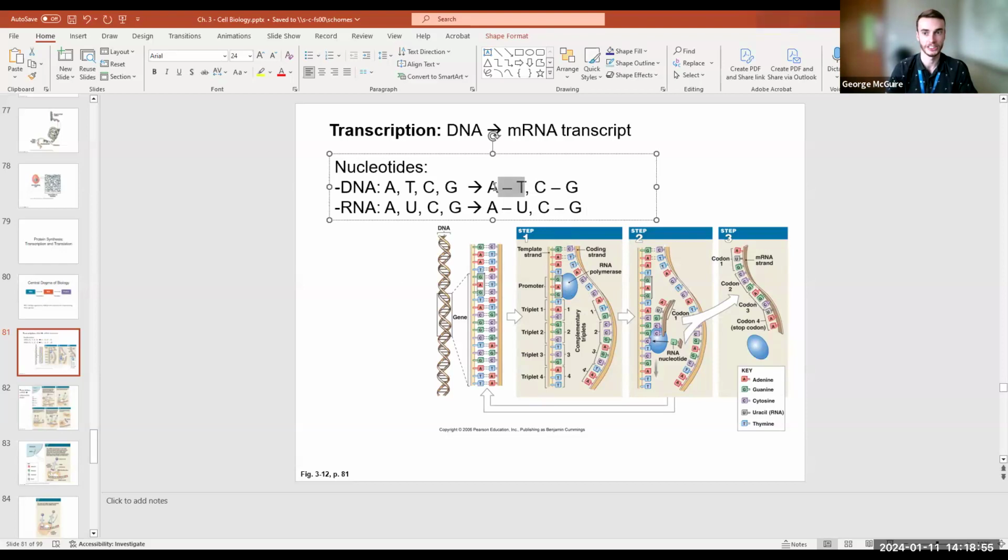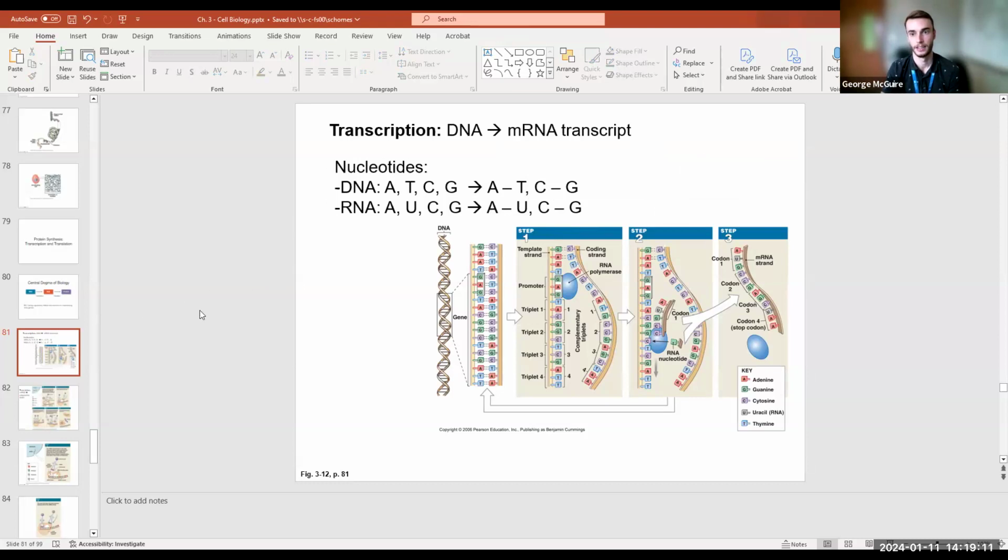Hopefully that makes sense. This is just the general concepts that you should recognize at all times about DNA, or should be aware of for moving forward in biology in general. Adenine and thymine bond, cytosine and guanine bond, but then in RNA you get uracil instead.